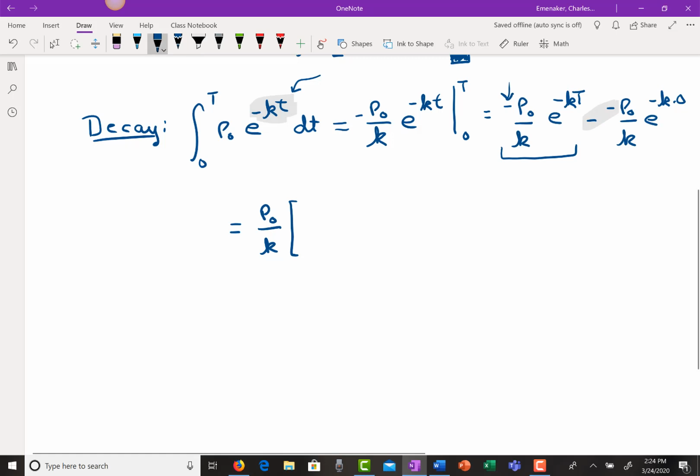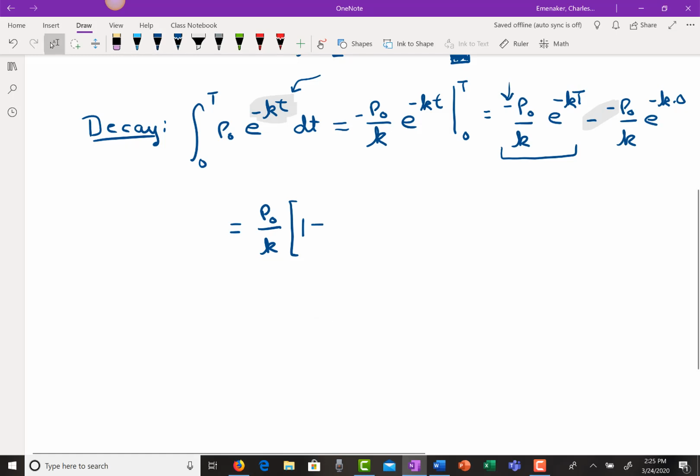Now, let's look at this second term more carefully. After we have factored out the p sub 0 over k, and we have e to the negative k times 0, really e to the 0, that's going to leave us with a plus 1. Then, for this first or leading term here, we're going to wind up with a negative.